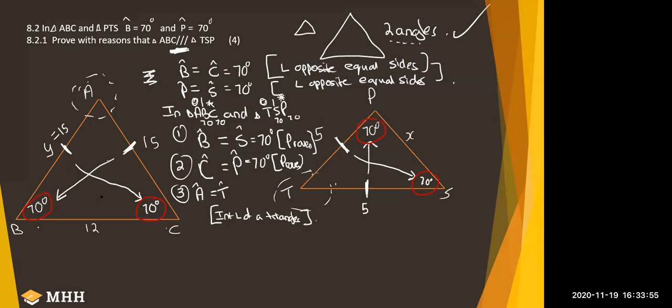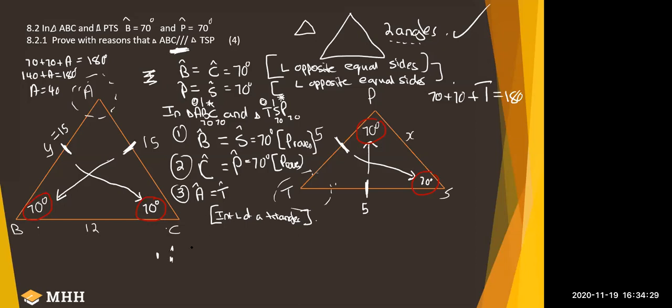And as I said, 70 plus 70 plus A will add up to 180. Just like with this one, 70 plus 70 plus T will add up to 180. I think you do see it now. So therefore, angle A will be 40 for both of them. But as I said, it's not necessary to say it.